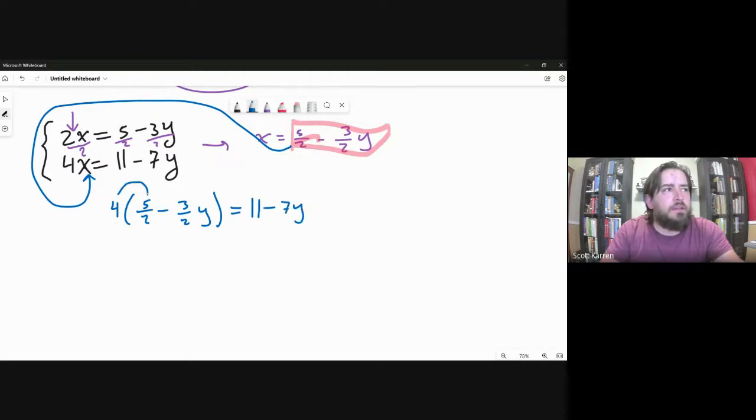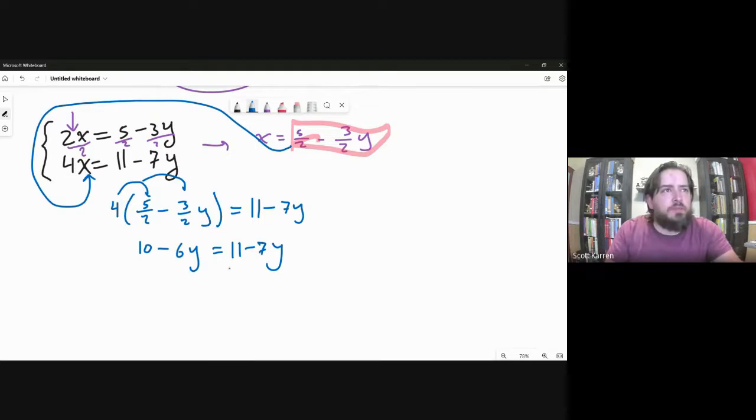But if I distribute this through, 4 times 5 halves, that becomes 10. 4 times minus 3 halves, that becomes minus 6y. So not the worst. The fractions went away after one move, perhaps.